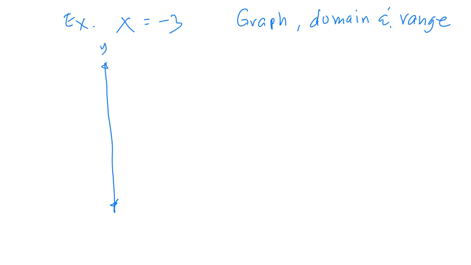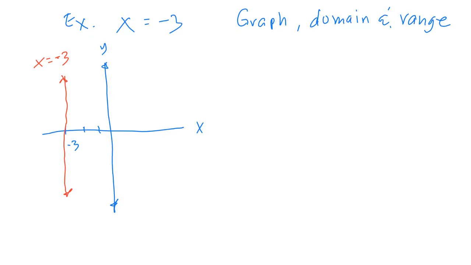So this is our y, and this is our x-axis here. And that is x is equal to -3. So we're looking at -1 here, -2, -3 is here. And then that should be a vertical line passing through -3. So this would be your x is equal to -3 line.